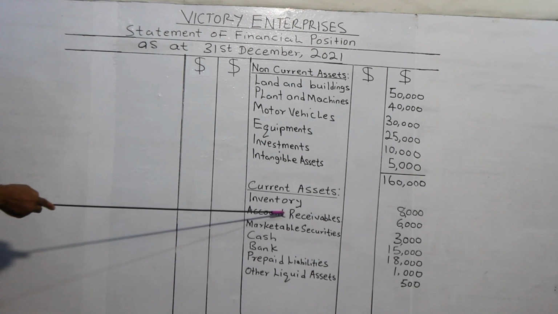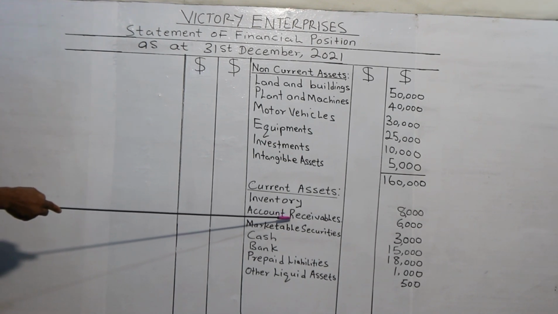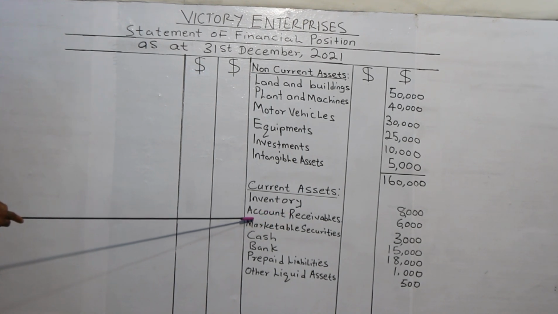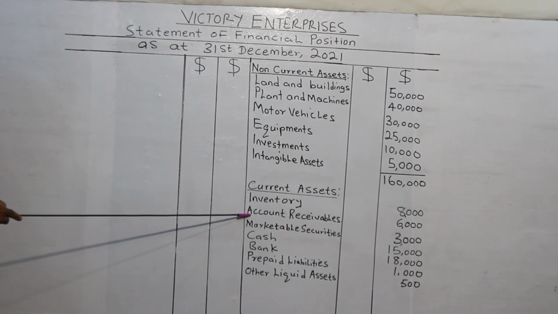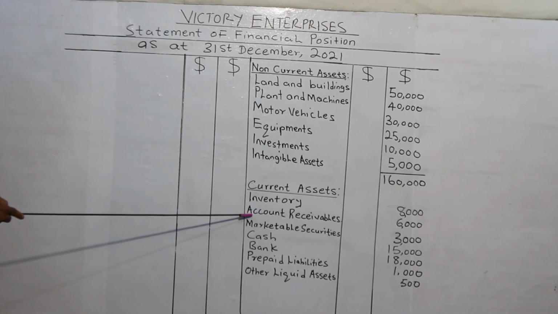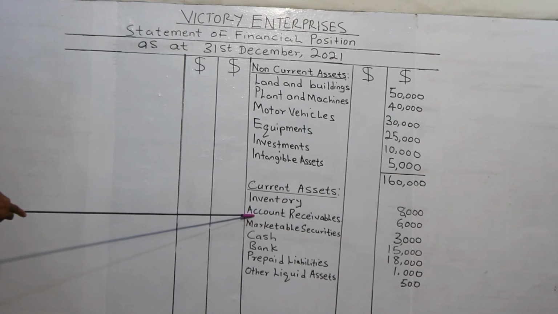Account receivable may include, among others, those customers that goods were sold to on credit. And since they have not paid, as at the end of the accounting period, they form part of our current assets, since they can be collected within one accounting period.